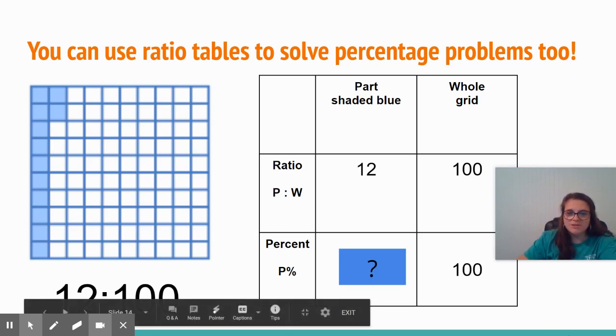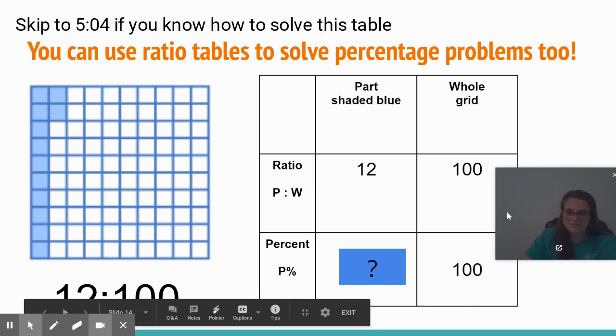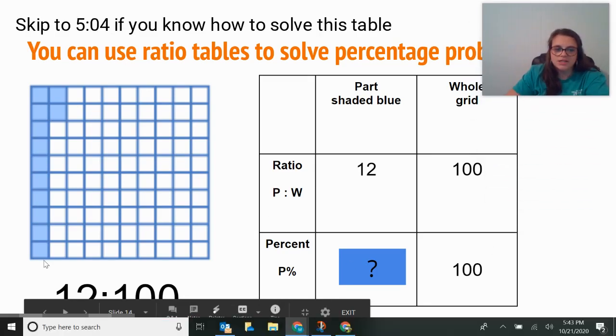Okay? So now this looks a whole lot like our ratio table from before. And I'm going to use my knowledge about ratio tables to solve for what the percentage of blue squares out of the whole 100 there is. So let's find out the percent.